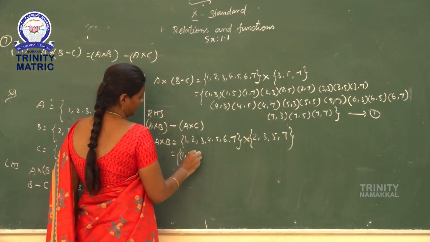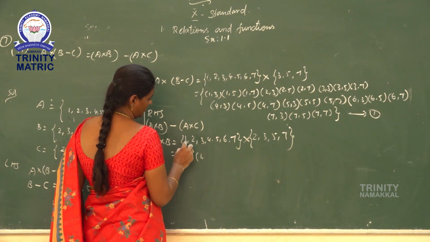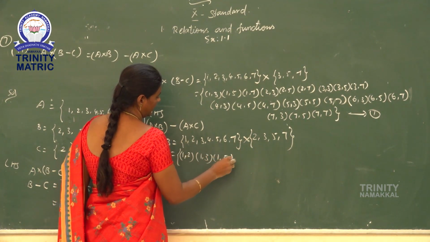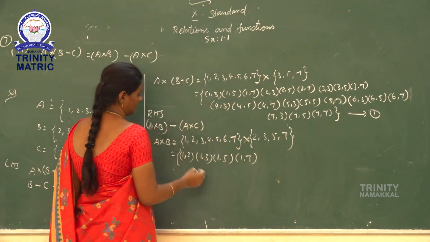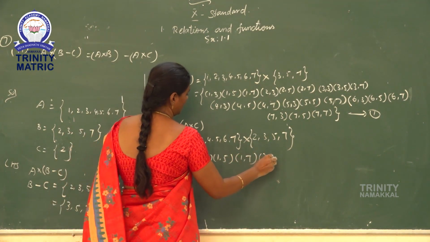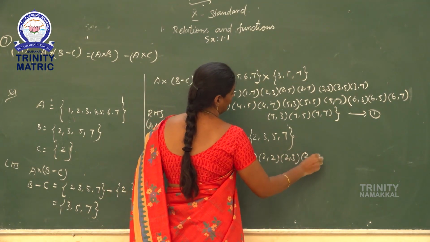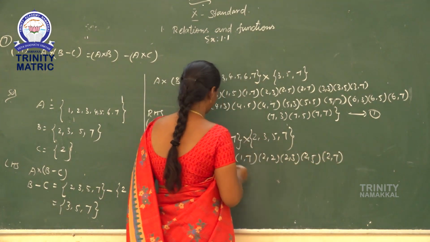(1,2), (1,3), (1,5), (1,7). Then (2,2), (2,3), (2,5), (2,7).